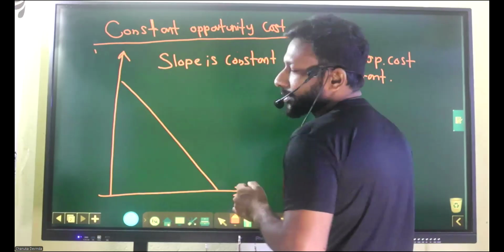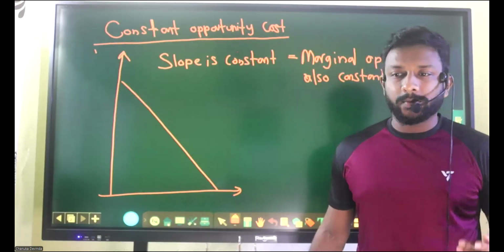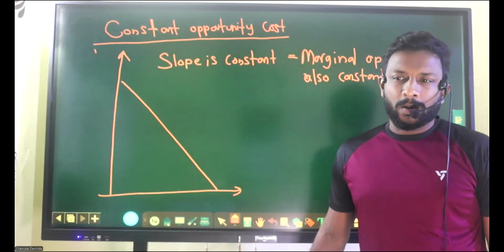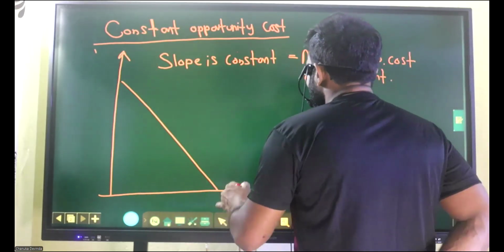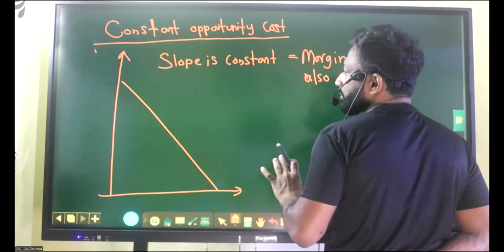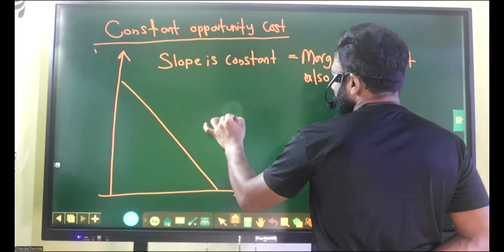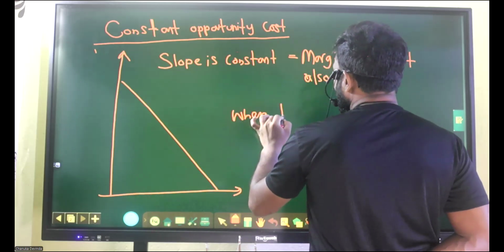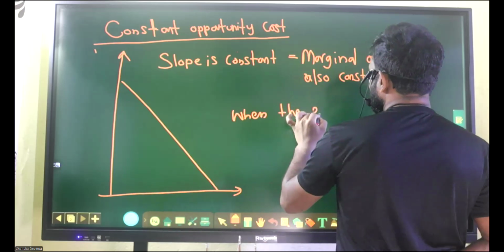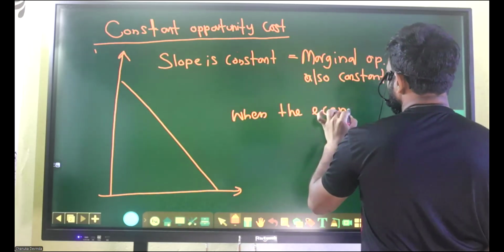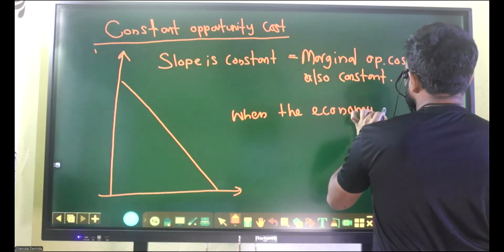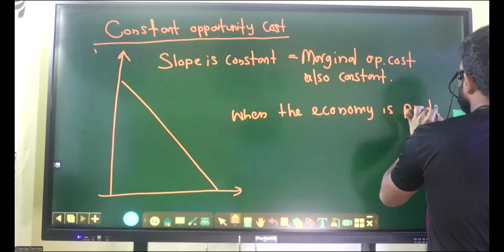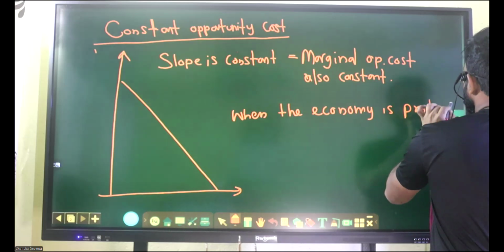When it comes to constant opportunity cost, what does it mean that the opportunity cost remains constant here?